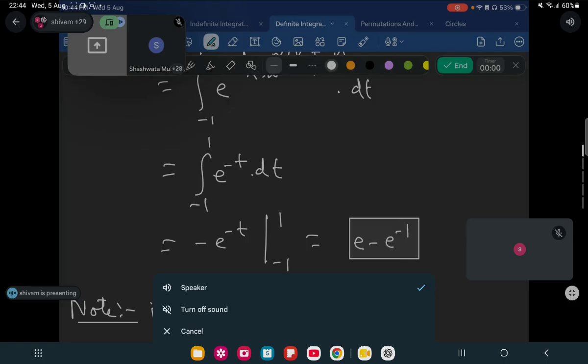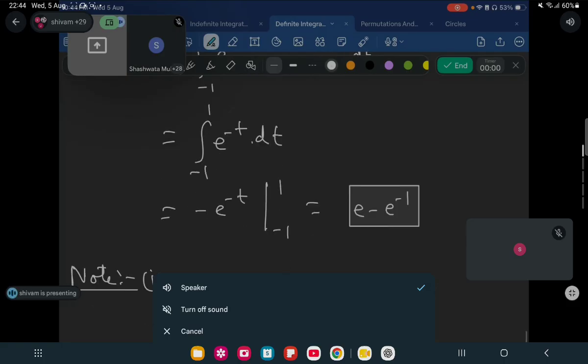Okay, everyone pay attention. Just like I had told you, the integral from a to b f of x dx will be equal to the integral from a to c minus plus the integral from c plus to b f of x dx, if the function becomes discontinuous at c.